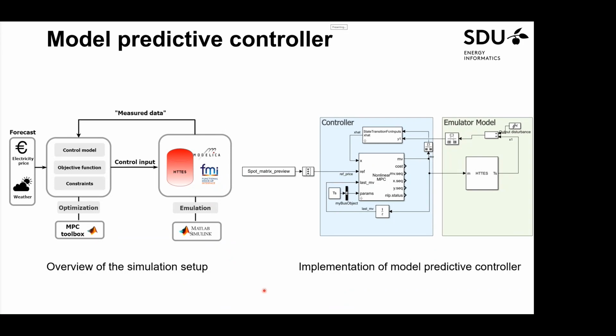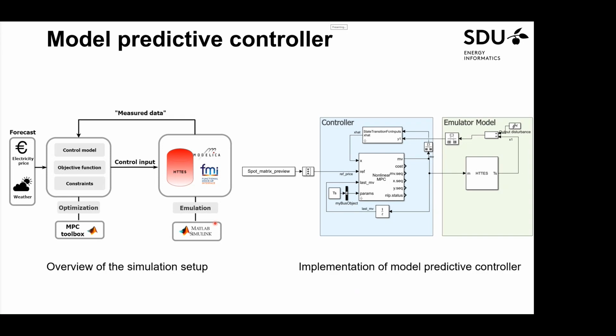This is the simulation setup where we have this high temperature thermal storage, which we export as an FMU, and it serves as the emulation model, interfaced in Simulink MATLAB.